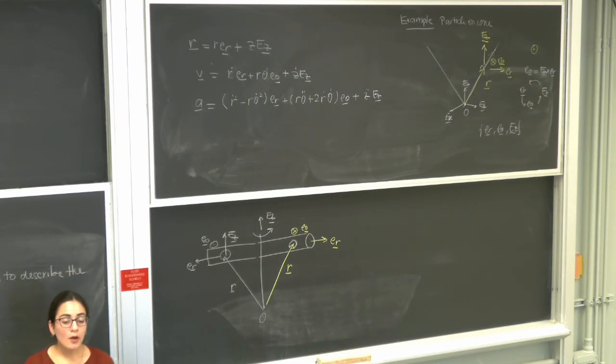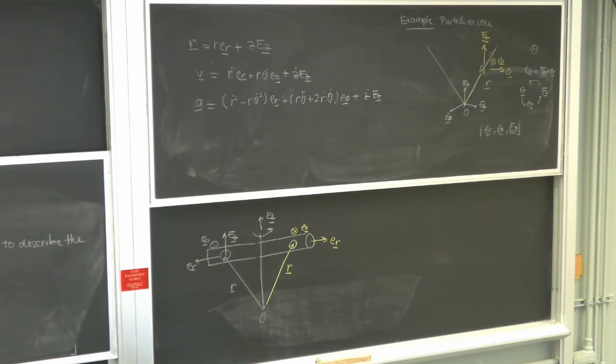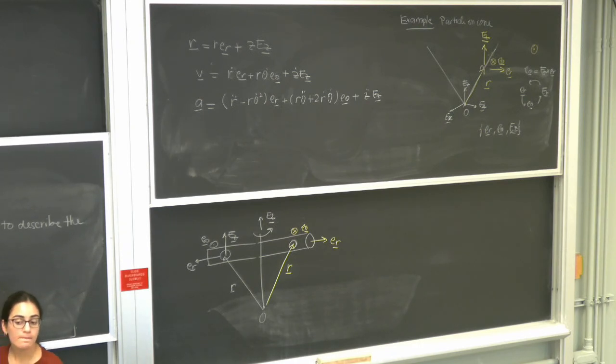Now, if I add a constraint to those particles, maybe I connect the 2 particles in E3 by a rigid rod, how many degrees of freedom does my system have? I started with 6 degrees of freedom.